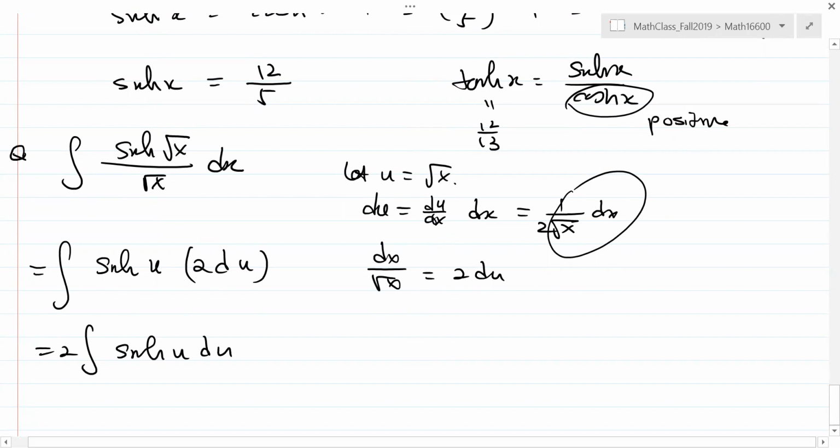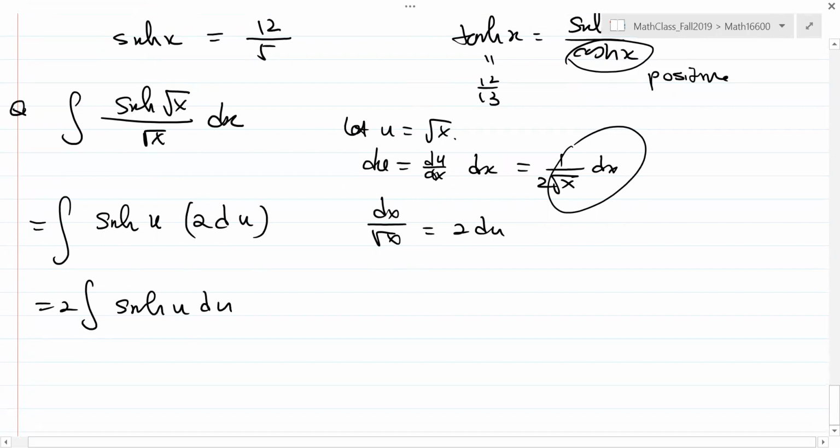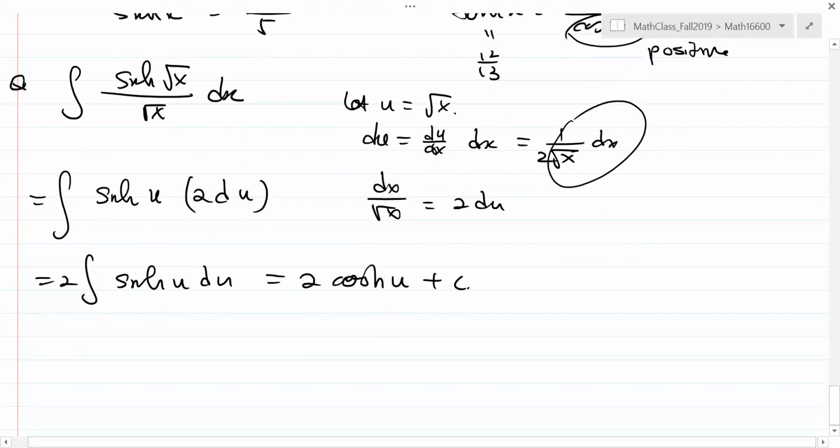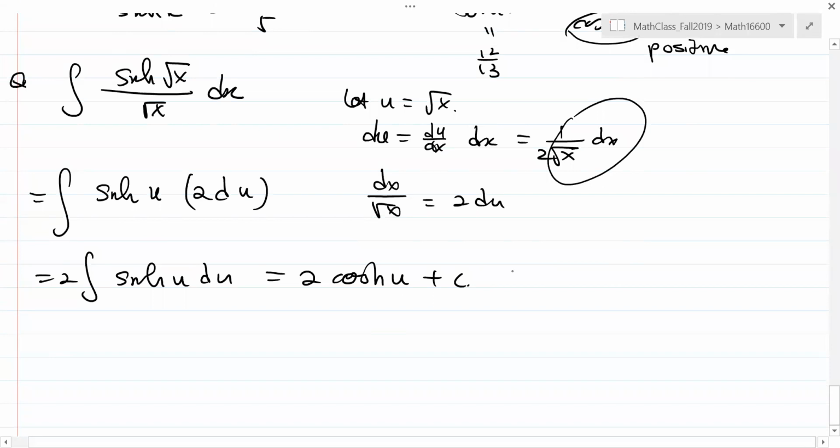Now, what is the derivative of hyperbolic sine u? That would be hyperbolic cosine. But that's not the end, so you have to replace u by square root of x. So you get this. So it's about the original function, not the inverse.